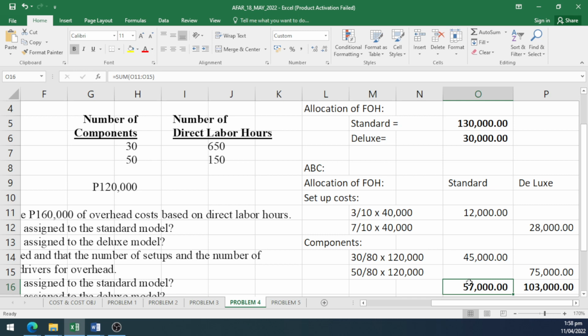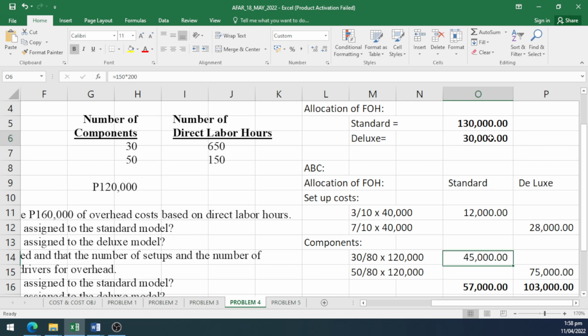Eh, yan ang dahilan, kaya napakaraming allocated overhead sa kanya eh. Which is inaccurate actually. So 73. Yung 73 na yan, na overcosting ng standard, it results to another miscosting. The deluxe product is understated by 73.